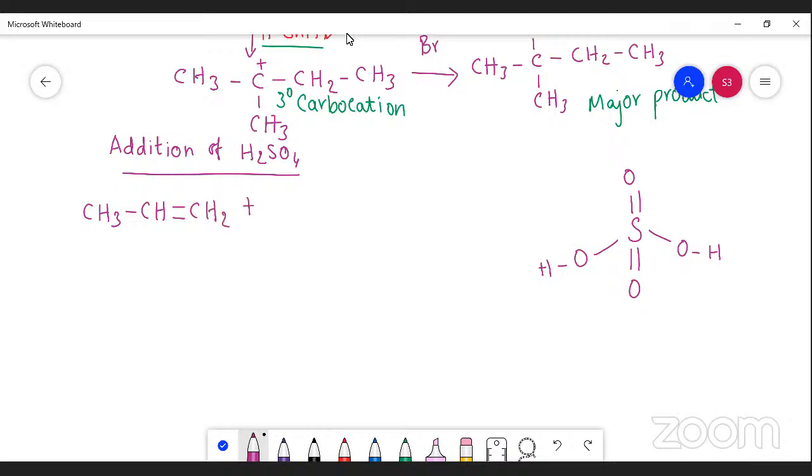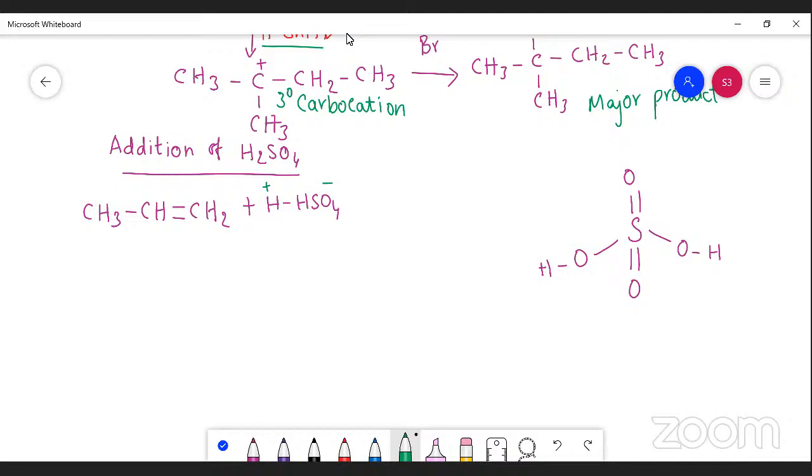Then it is reacted with sulfuric acid, H-HSO4, which is nothing but H2SO4. Now we are taking H plus and HSO4 minus.